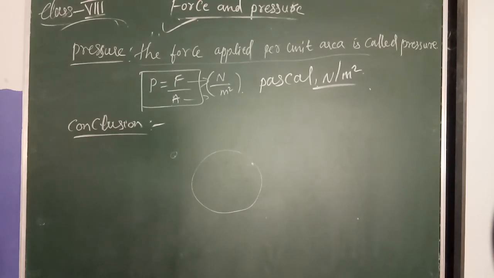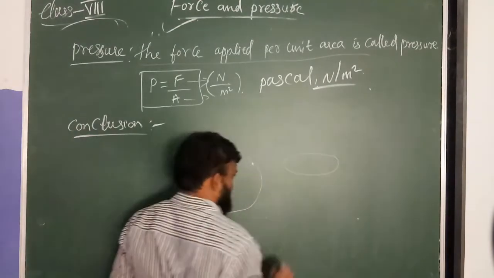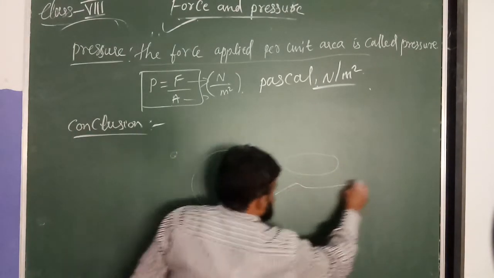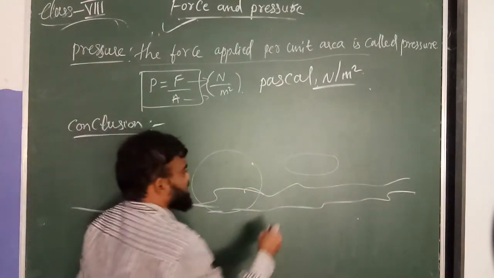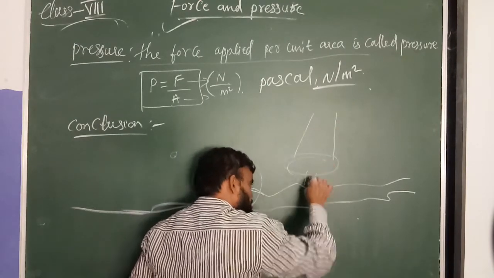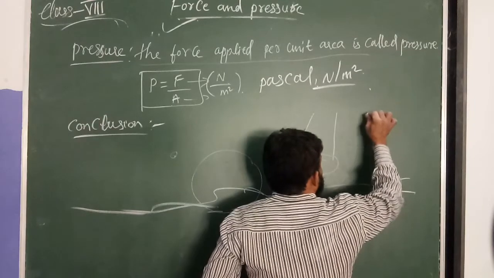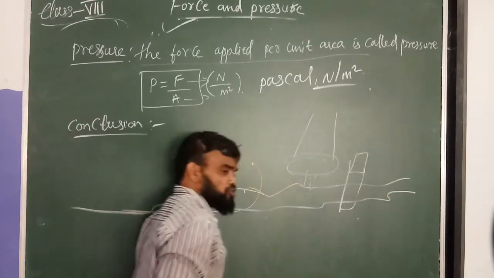Example of pressure exerted by solids. A camel can easily walk on the desert, but a horse or donkey will not. Why? Because the camel has a maximum surface area. On the desert, the camel's foot covers a large area, so it will not sink. But a donkey has small feet, so it will suddenly go inside the soil, right?